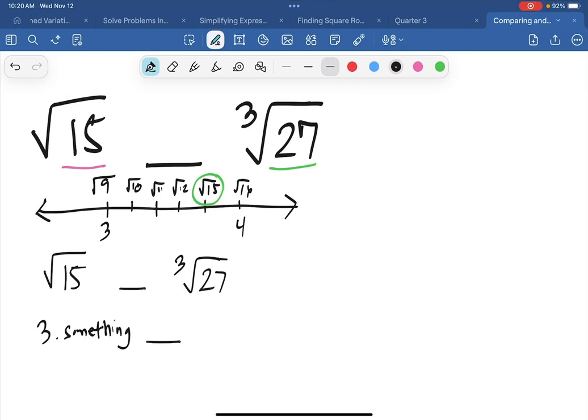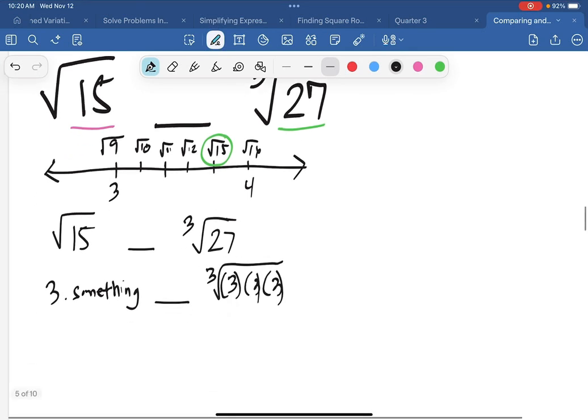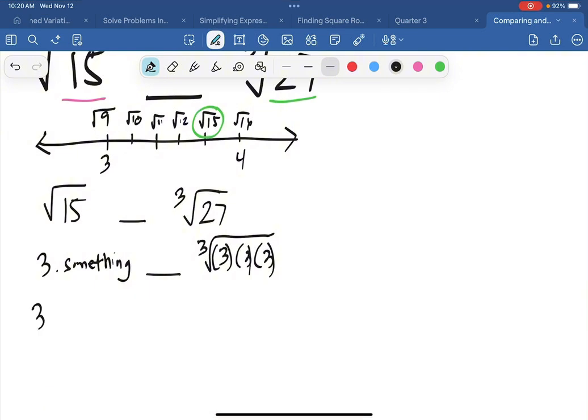Compared to this, we have the cube root of 27. If we break this down, we have 3 times 3 times 3. So obviously, 3 point something, no matter how big or small that something is, is greater than 3.